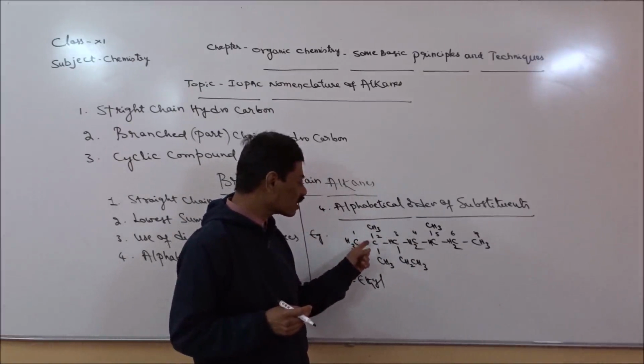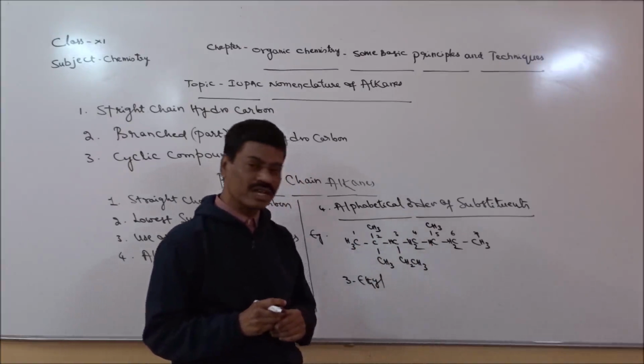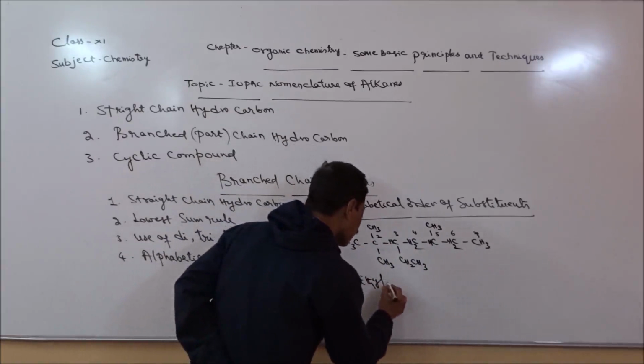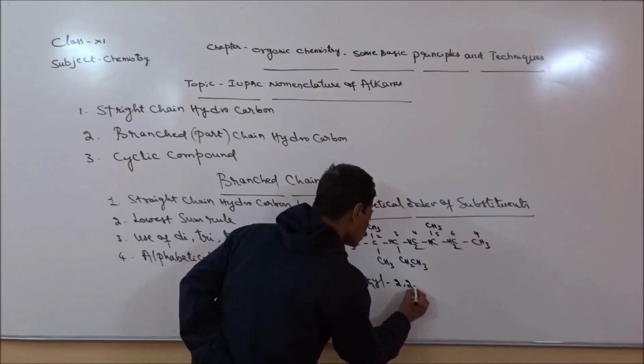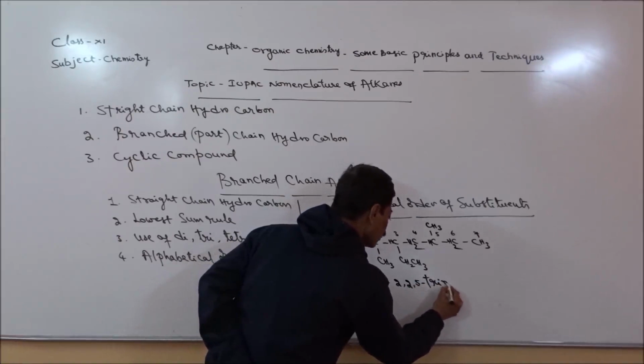At the second carbon atom 2 methyl groups are there, and at the 5th carbon atom we have only 1 methyl group. So we can write 3-ethyl, 2,2,5-trimethyl.